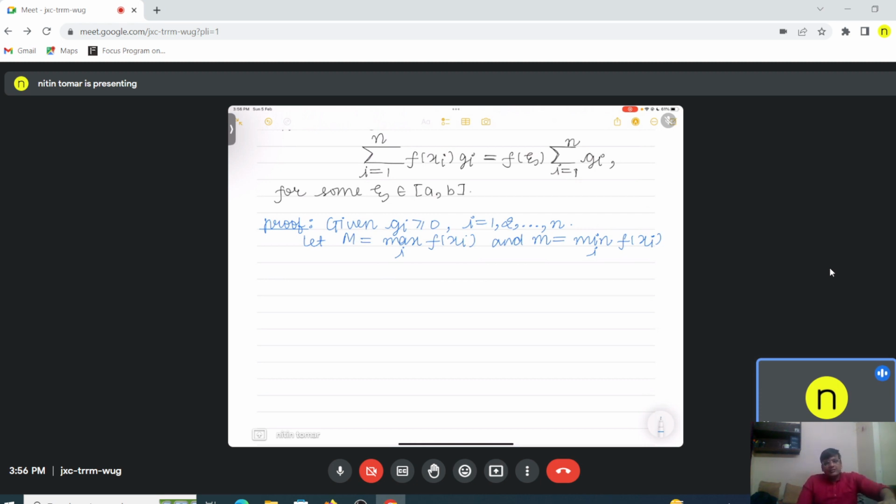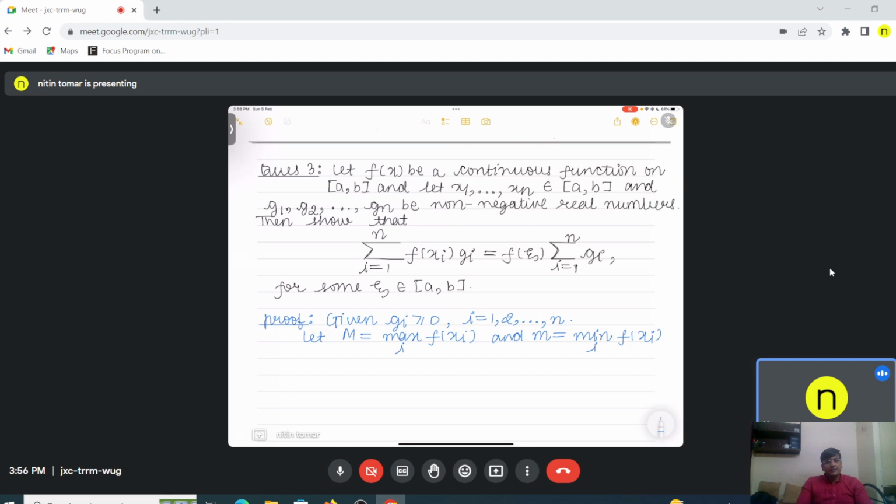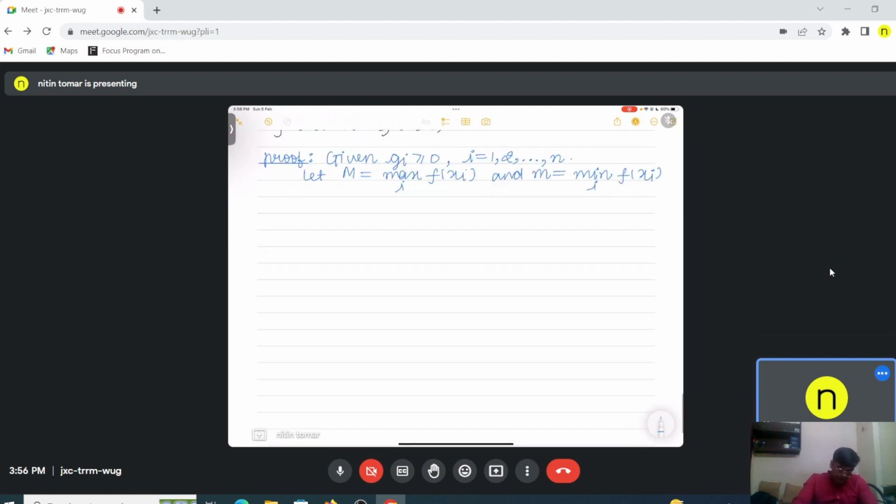So maximum and minimum will exist because this is a set of finitely many points. If the xi's were infinitely many points, then also the maximum would occur, because a continuous function on a closed and bounded interval attains its maximum as well as its minimum. But in this case, these are only finitely many points, and hence the maximum as well as the minimum will be attained.